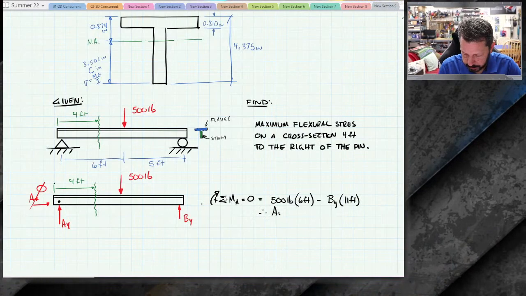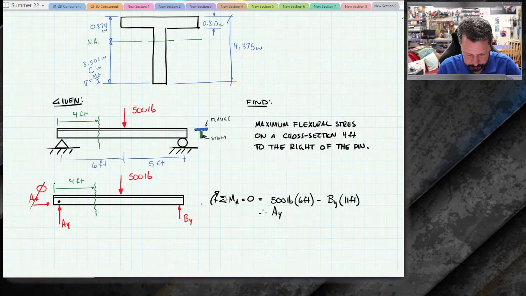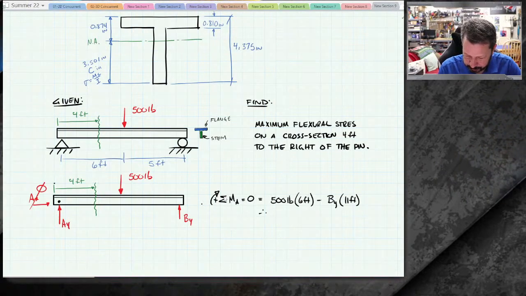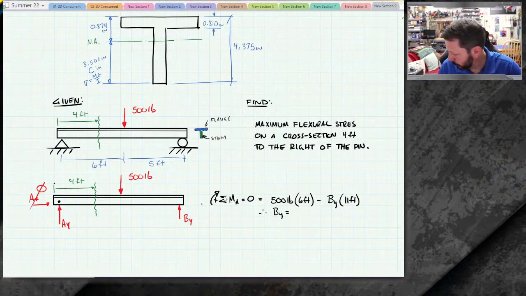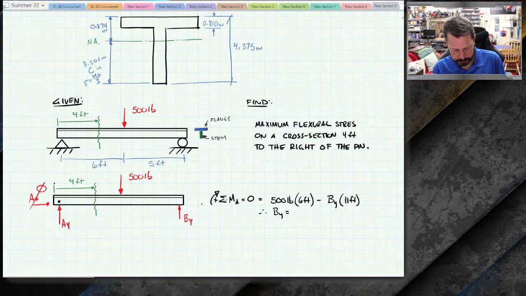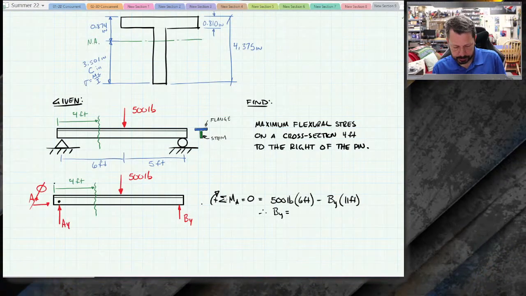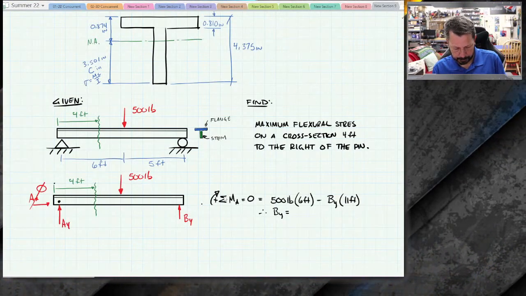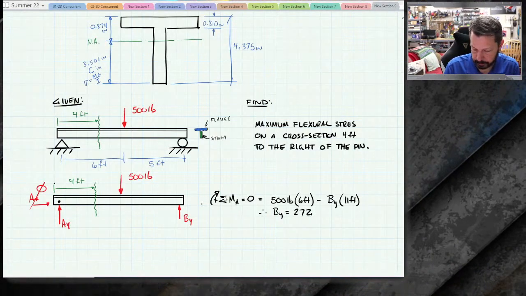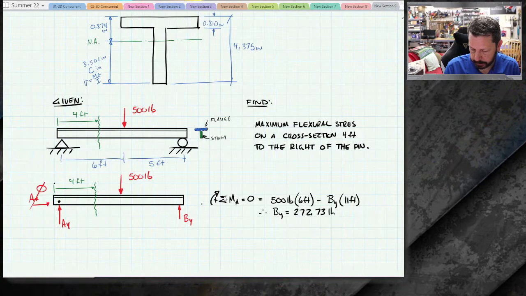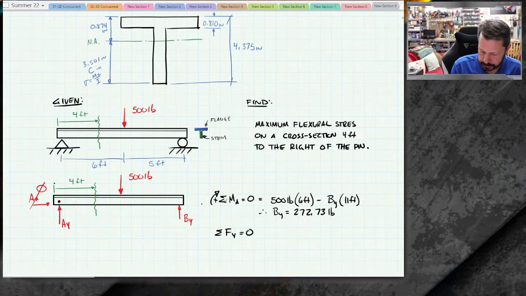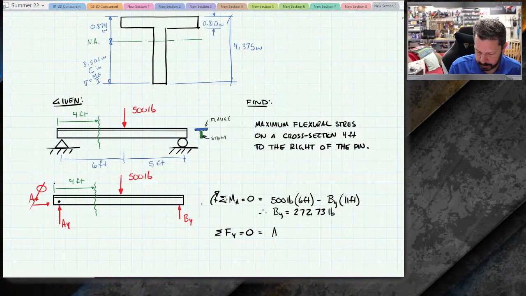Therefore, BY, not AY. AY is not in that equation. Therefore, BY equals 500 times 6 divided by 11, 272.73 pounds.